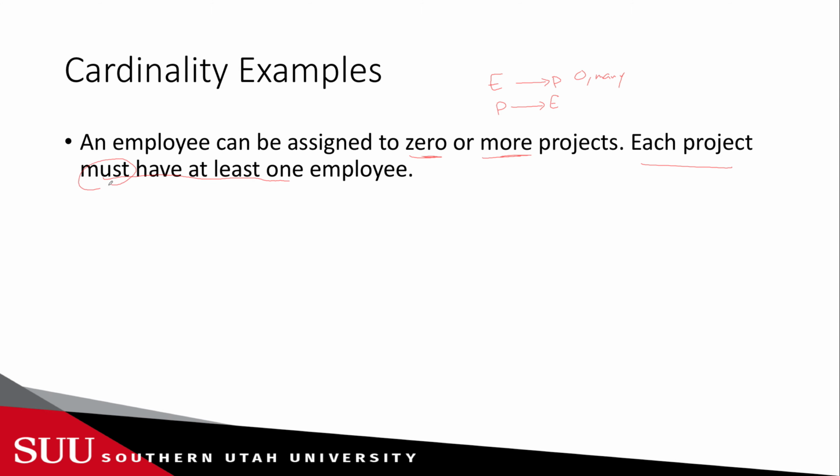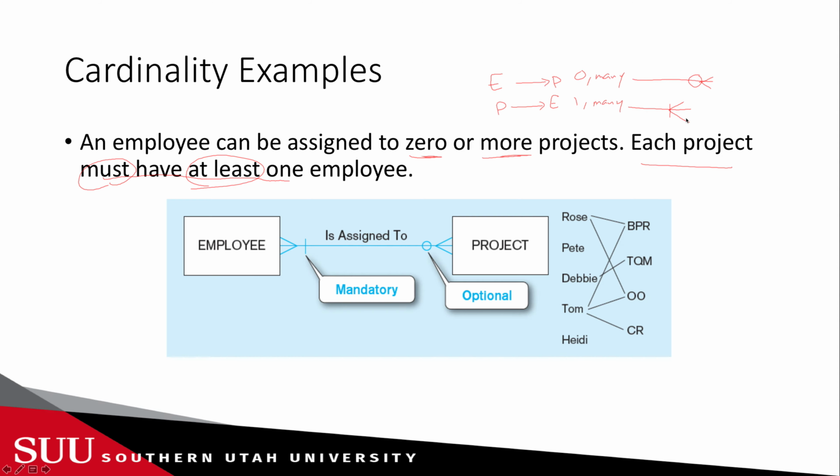So I have mandatory, and since I have at least, it's mandatory many. My minimum is going to be 1, my maximum is going to be many. So if I'm going from employee to project, this is going to be my notation. And if I'm going from project to employee, this is going to be my notation. And this is the ERD that I have.